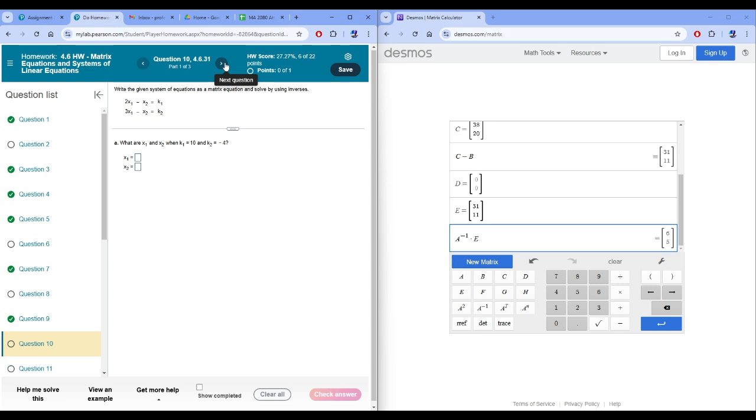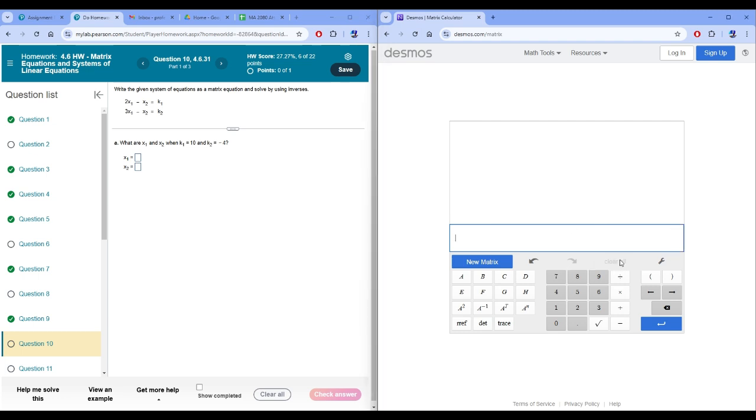Okay. Write the given system of equations as a matrix equation and solve by using inverses. Oh, this is a different equation, so I'm going to do this one a little bit differently, right? I'm going to make a matrix.